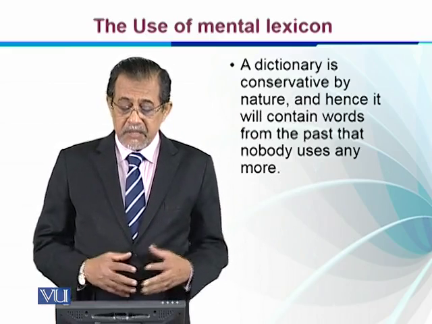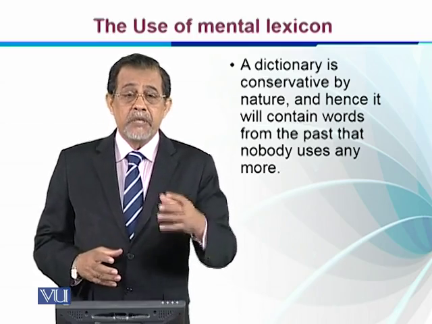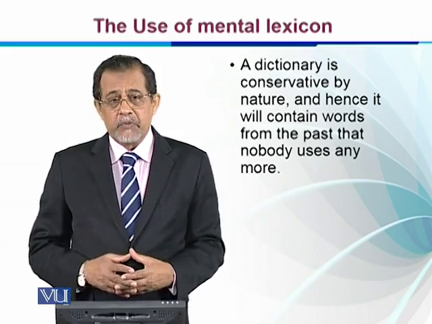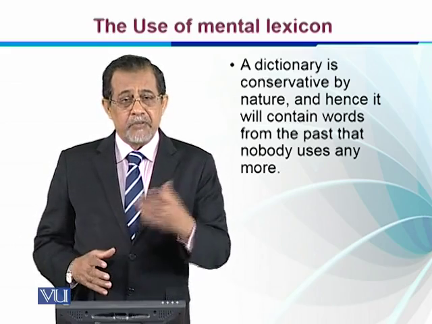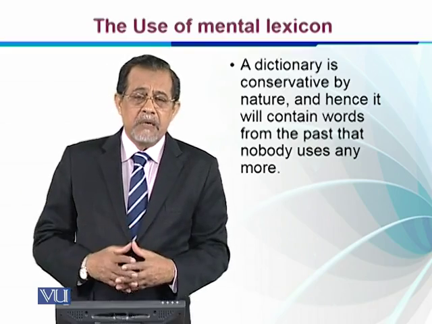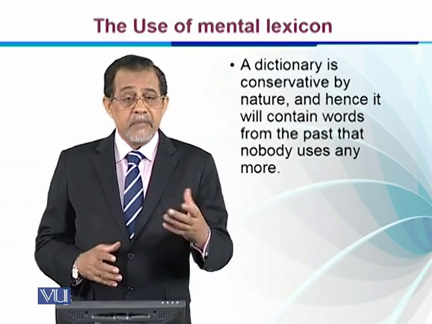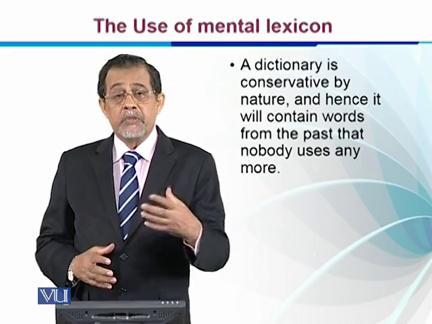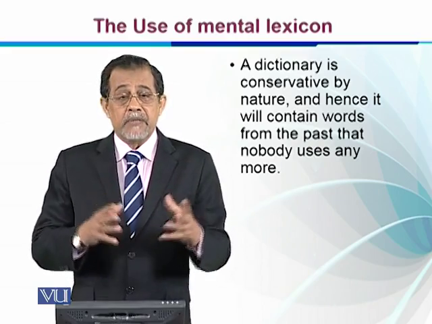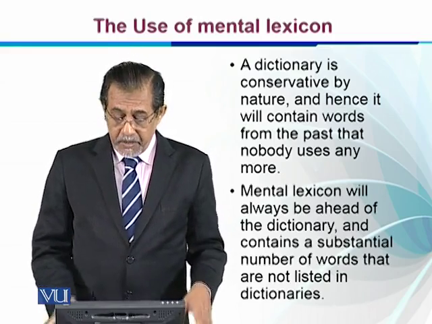A dictionary is conservative by nature because you can find words which are no more used in a language. A dictionary generally gives the words which have been in use for many years, even many centuries. There are certain words which are obsolete, but generally it has the words of the past as well.